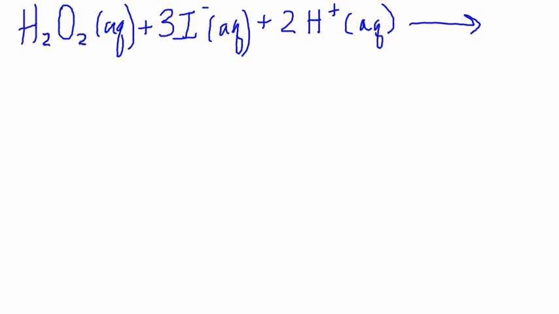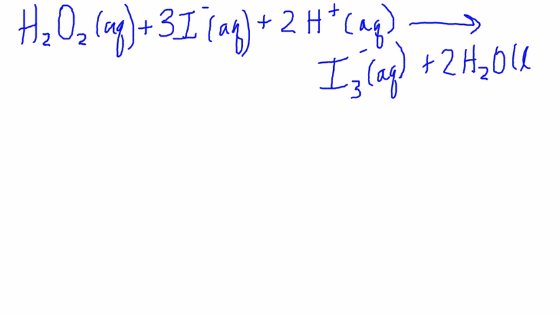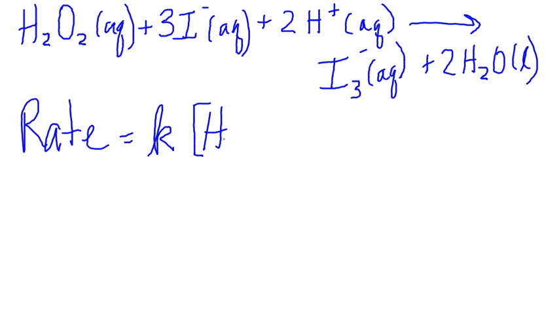And that gives us the products of the triiodide ion and water. In this case, if we are told that this is the chemical reaction and the rate law is K times H2O2 times I minus.